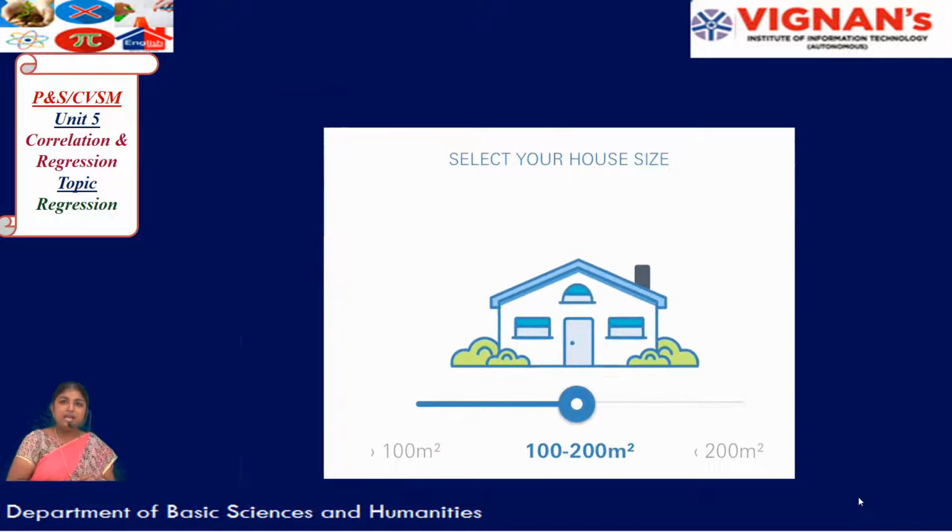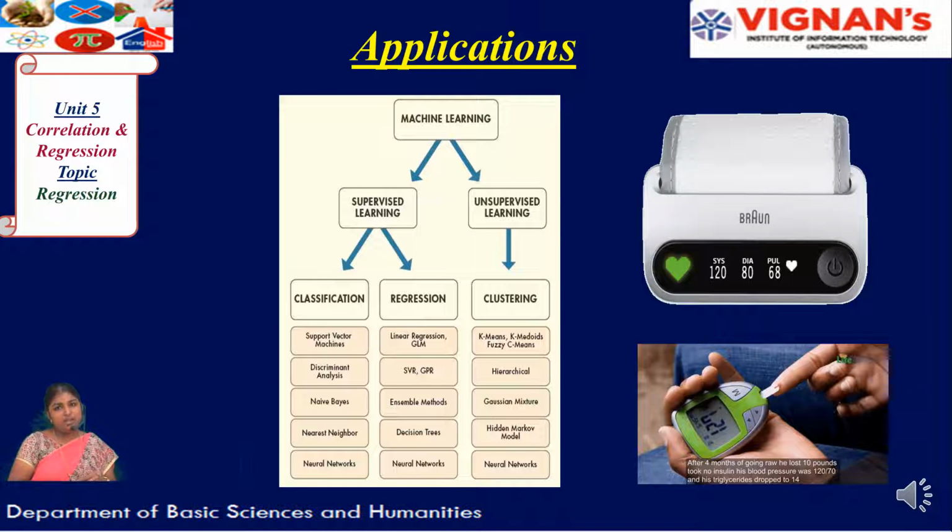Not only this, in machine learning we mainly use regression. We give inputs to the data, and it predicts the output. For example, take a BP machine. We give the input, and it predicts the output. It stores one equation in that machine and gives the output for us.